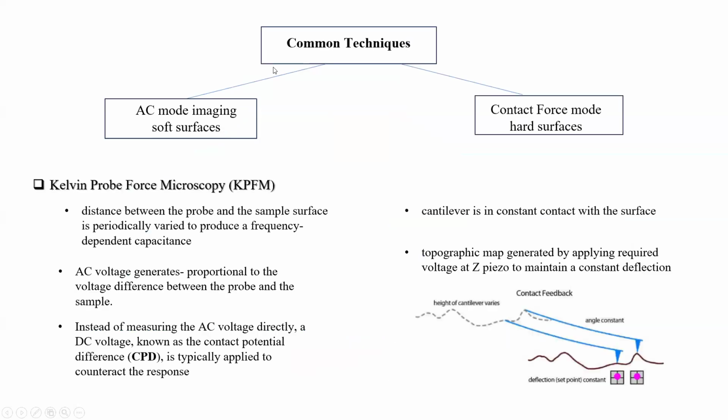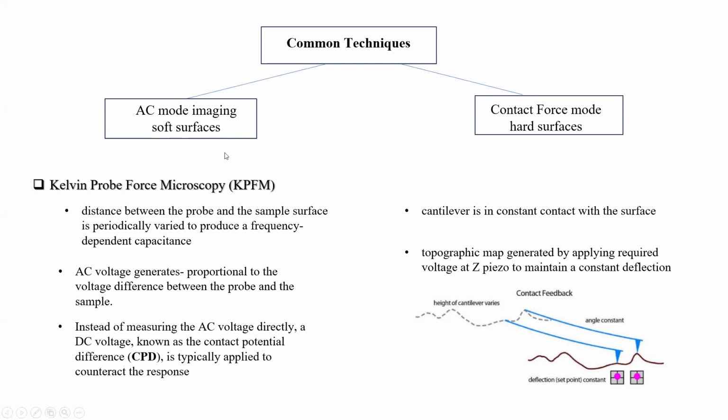Okay, so the common techniques that are used in AFM are AC mode imaging, which is used for soft surfaces to reduce frictional lateral force, and the other one is contact force mode, which is for hard surfaces. As the name suggests, in contact mode, the tip is in constant contact with the surface, and it generates a topographic map by applying the required voltage at the Z piezo to maintain a constant deflection.